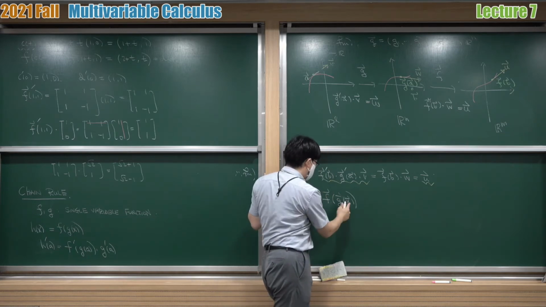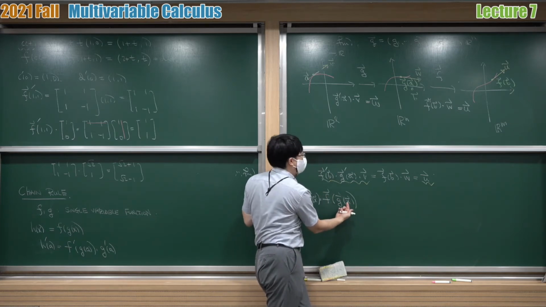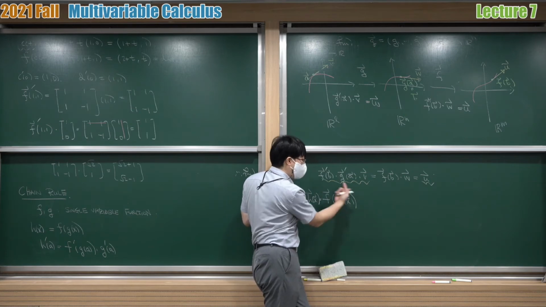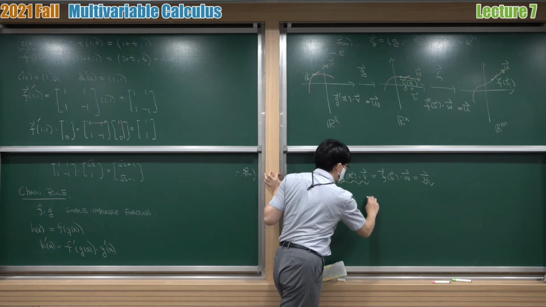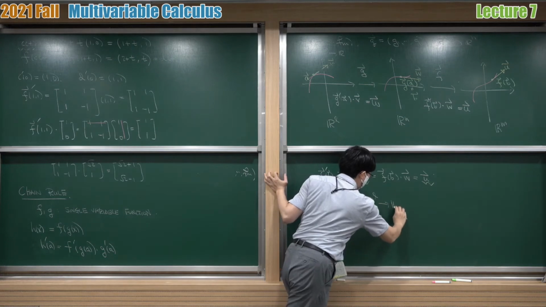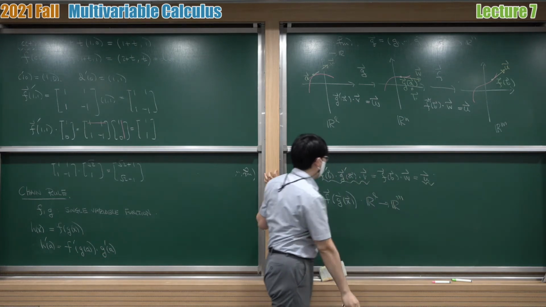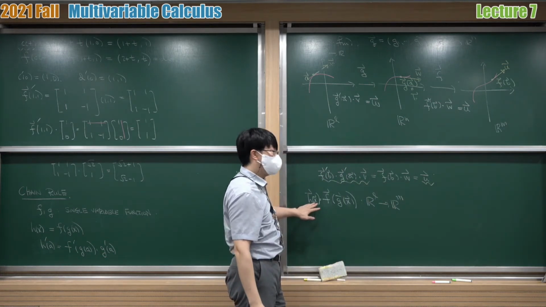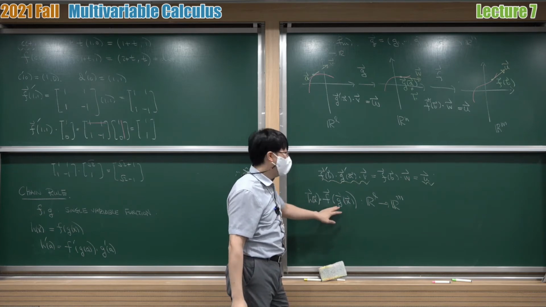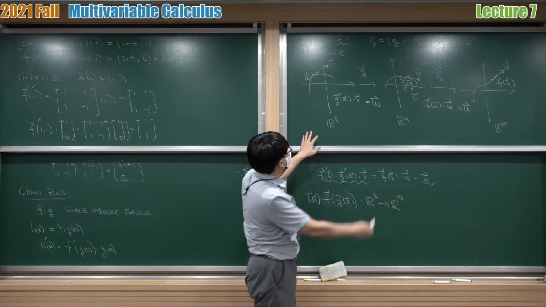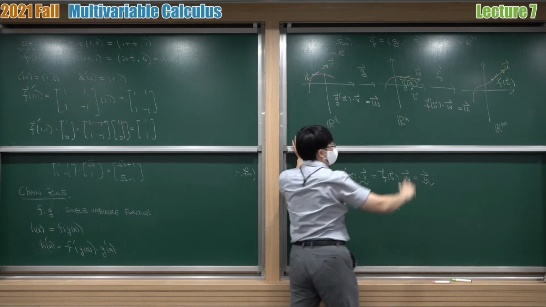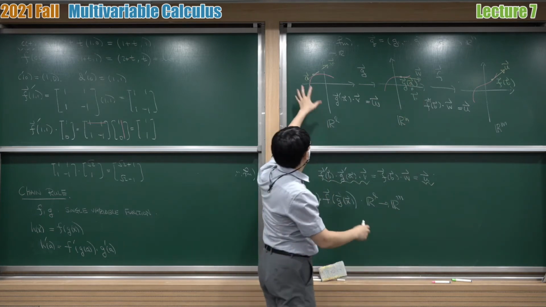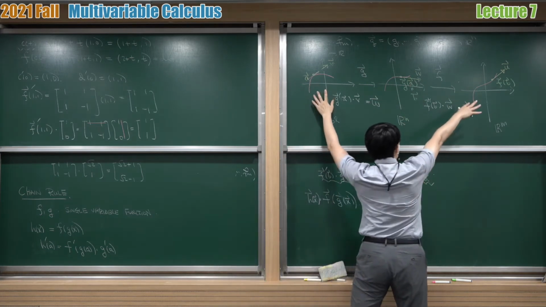So basically, it takes an L-dimensional vector as input and gives an m-dimensional vector as output. So this is R^L to R^m. If you think about the h function, which is given by composition, h itself doesn't care about what happens in between in the n-dimensional space.